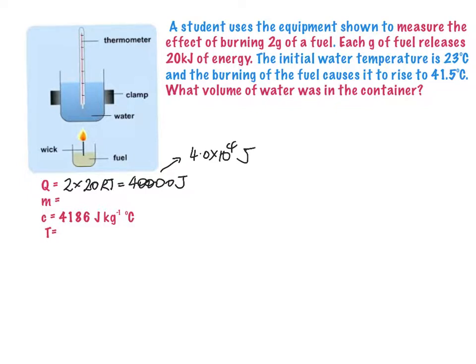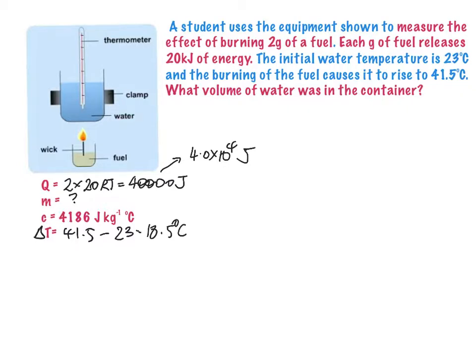Right, our mass we don't know. So we're going to try to find that out. C is still, because we're still using water as our surrounding, 4186. And we have the temperature change is going to be 41.5 minus 23, which is 18.5 degrees Celsius.